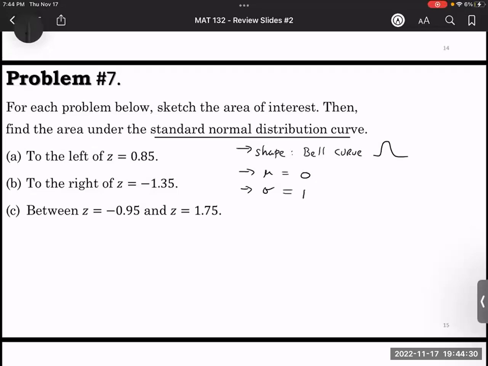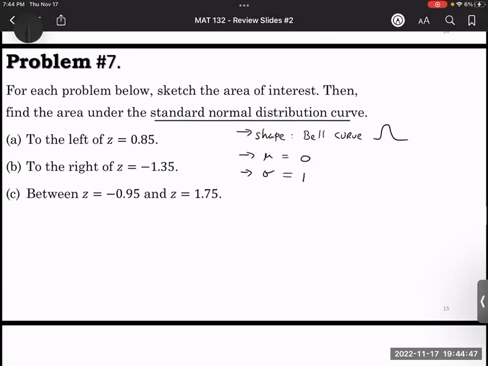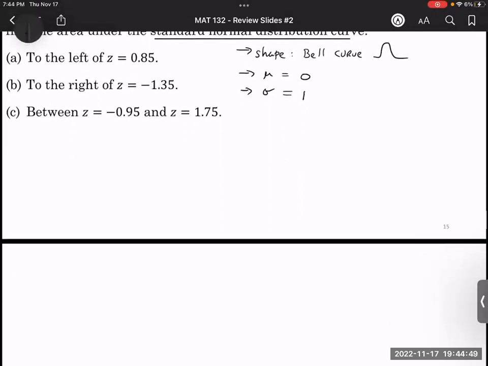So for parts A through C, we're going to draw the image, sketching the area of interest. Then we're going to use the Z table to help us find these probabilities. Starting with part A, we have the area to the left of Z equals 0.85.